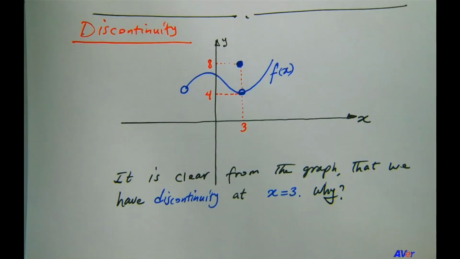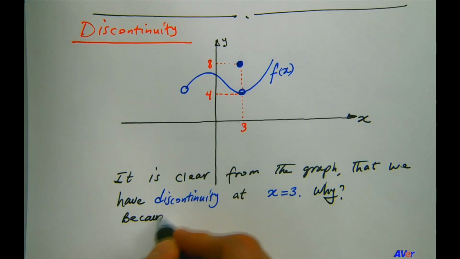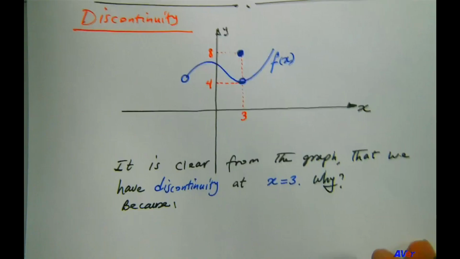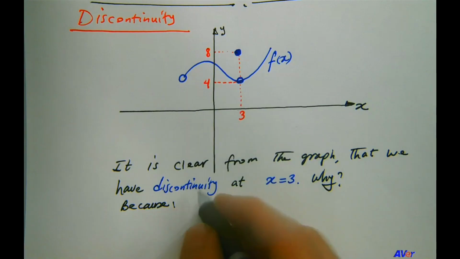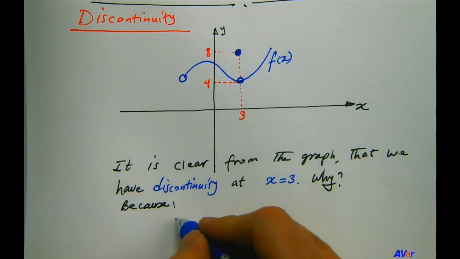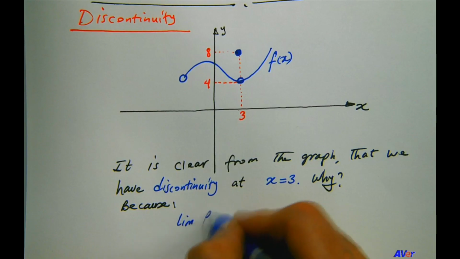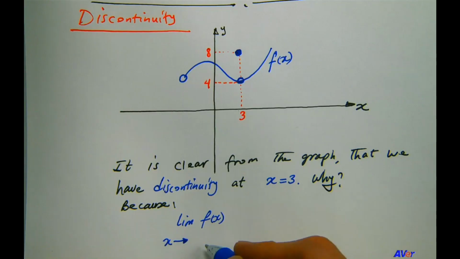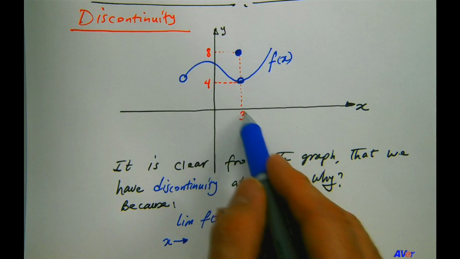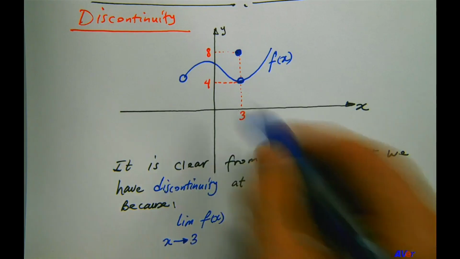Well, first of all, the limit of f of x as x approaches 3, that is from left to right.